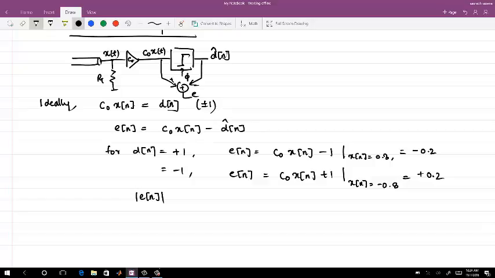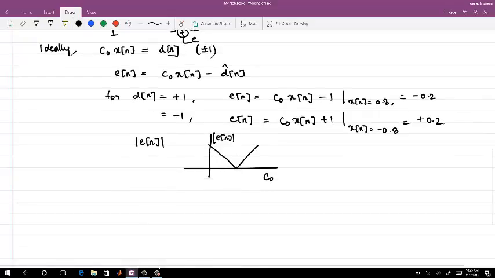Let me plot this: I'm plotting mod of En with respect to C naught. Whatever the convergence point is, it's the same in both cases, for the positive or the negative.